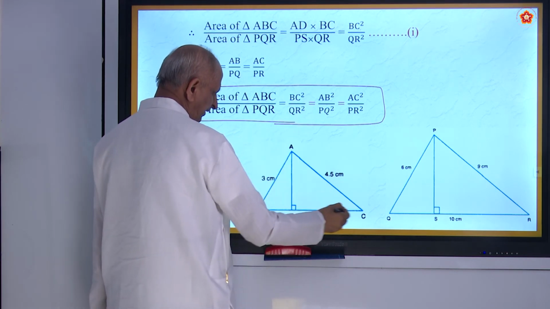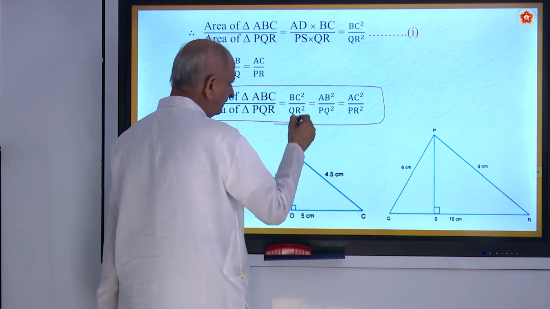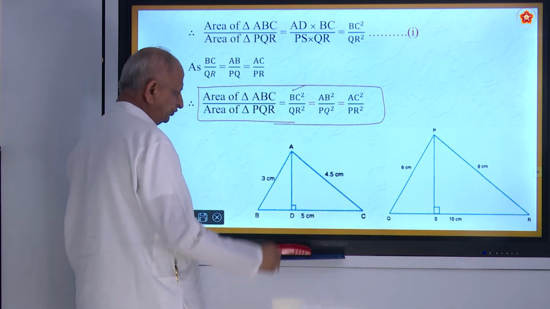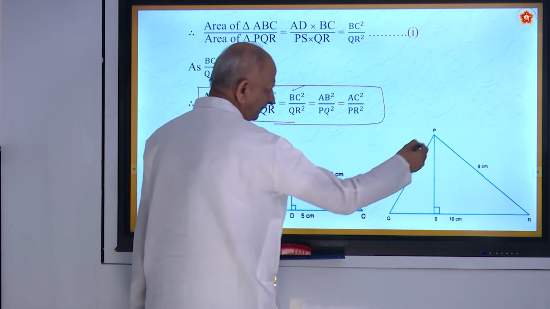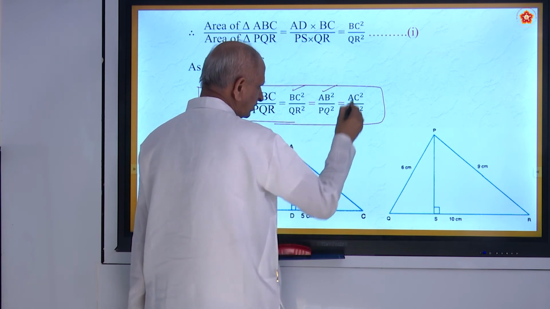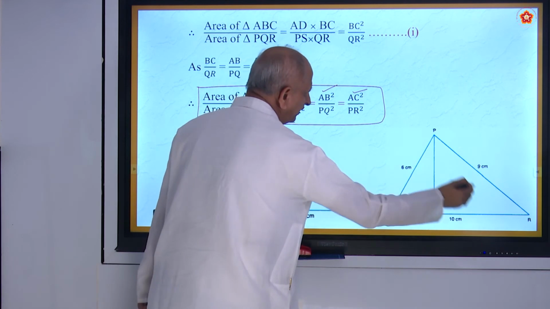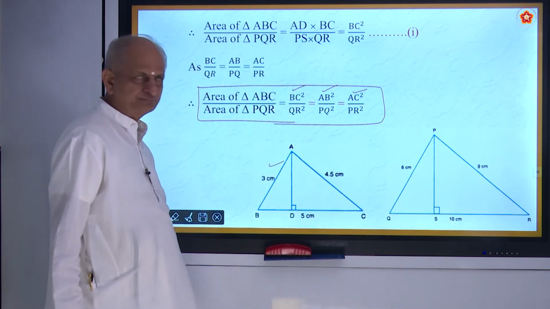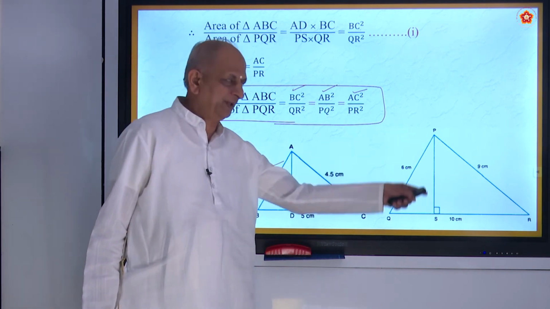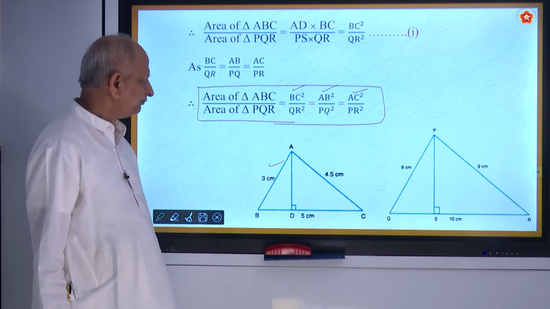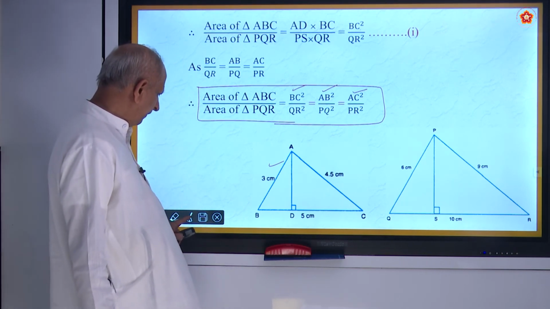BC square corresponding is QR square. BC square by QR square is also equal to AB square by PQ square is also equal to AC square by PR square. And also you can say AD square by PS square. That is also there. Followed? This is a very important theorem. Now let us work out some problems on this.